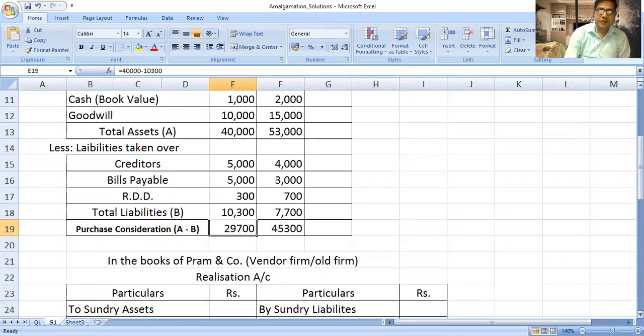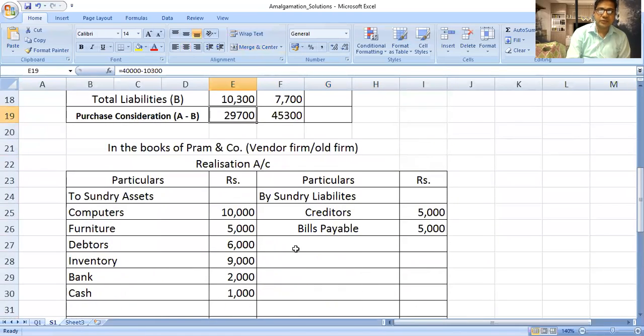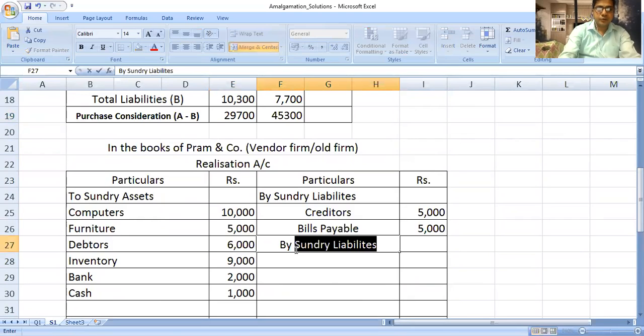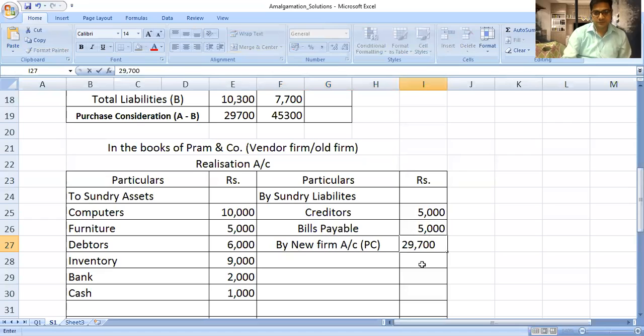Now the entry will be new firm account debit to realization. So here we have to write by new firm account, and we will record the purchase consideration value, that is 29,700.